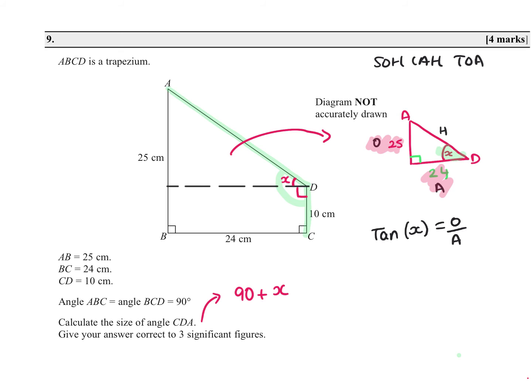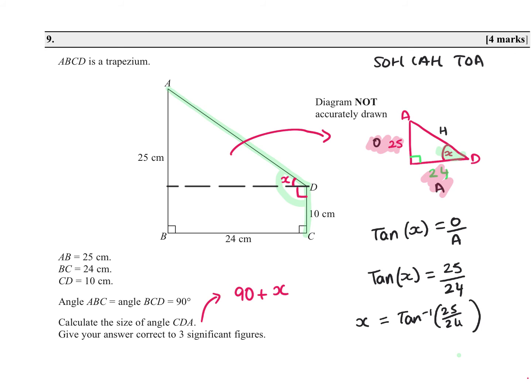I always write the formula down first and then I substitute. So tan of X equals 25 divided by 24. So if I want to find the angle, I know I'm going to have to do the inverse of tan 25 over 24.